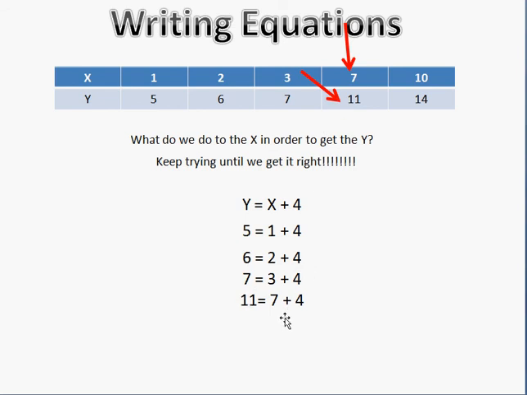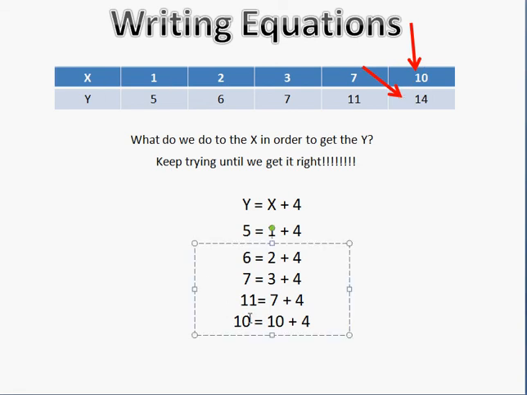And last but not least, 10 and 14. Well, 10 is my x value, so I plug it in, because 10 plus 4 does equal 14, which is my y value.